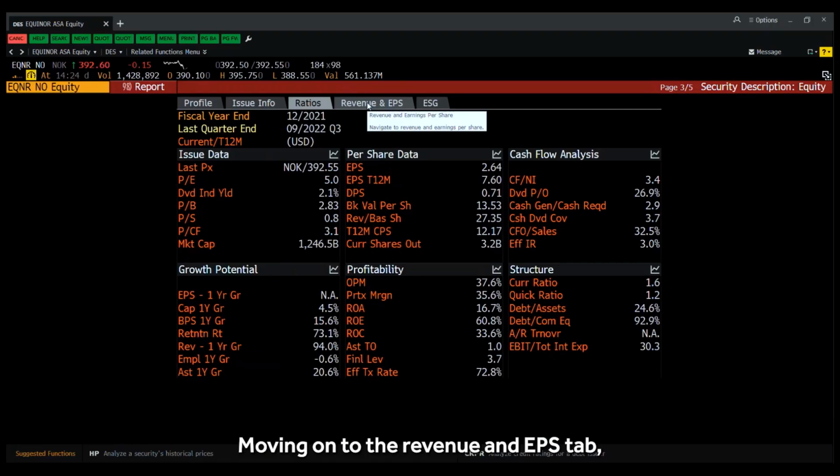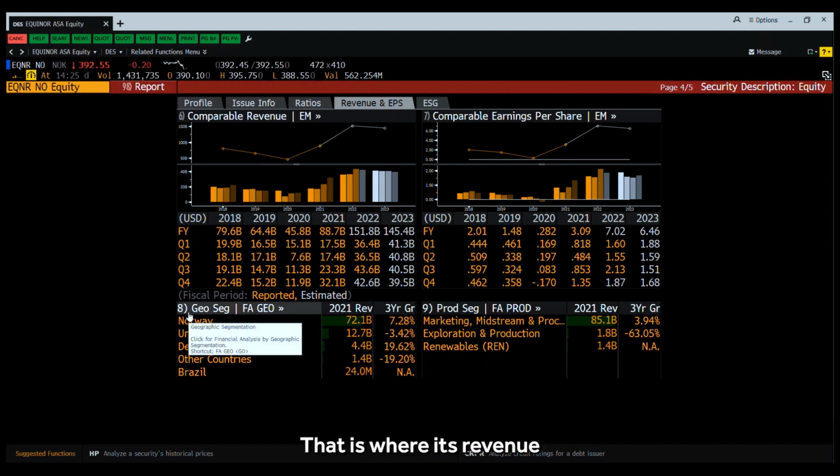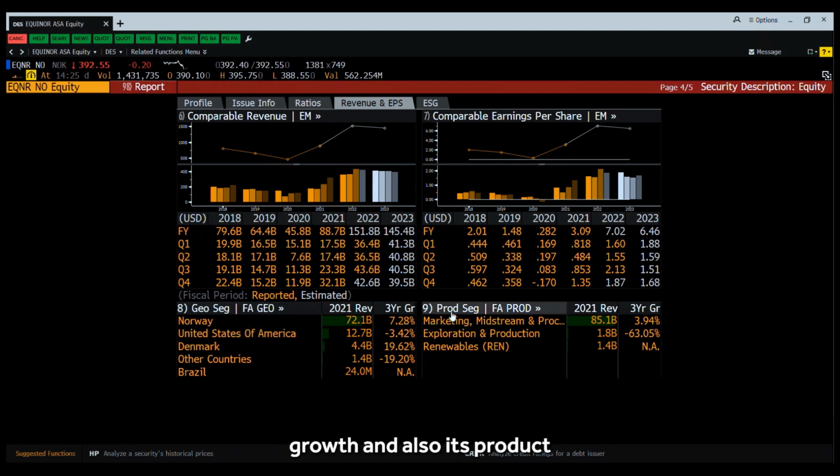Moving on to the revenue and EPS tab, we have here a graph of historical sales. And here we have a graph of earnings per share. Note that also this is broken down by quarters as well. Further down here, we have some useful information on its geographical segments, that is where its revenue actually derives from, and their 3-year growth, and also its product segmentation.